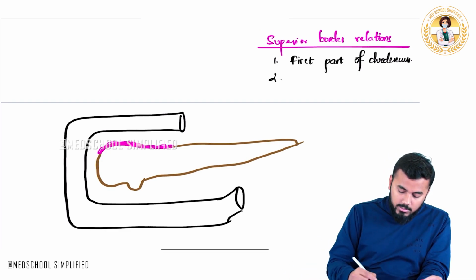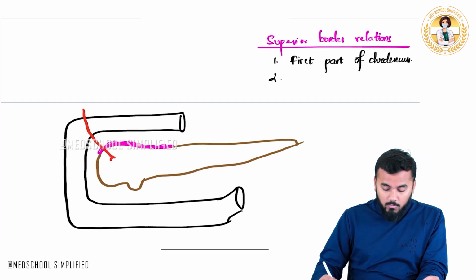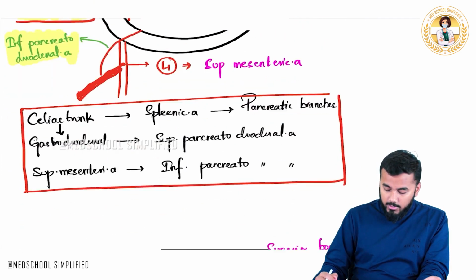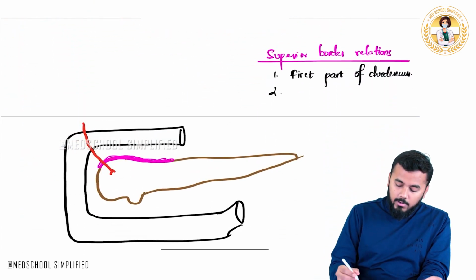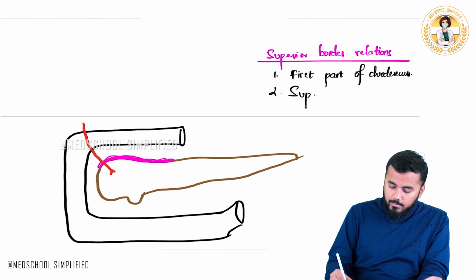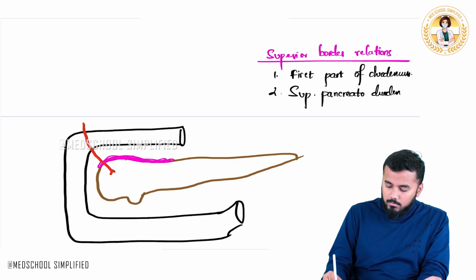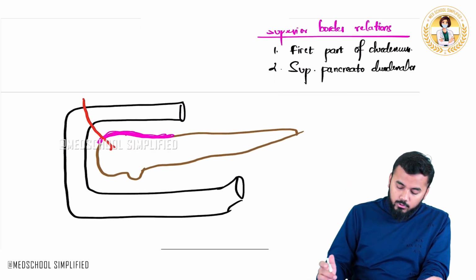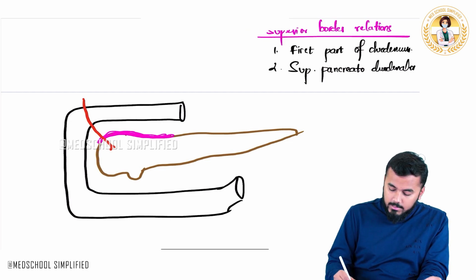I told you just now that there is an artery coming from the top and supplying. What is that artery, guys? That is your superior pancreato-duodenal artery. So I can write it down here: superior pancreato-duodenal artery.